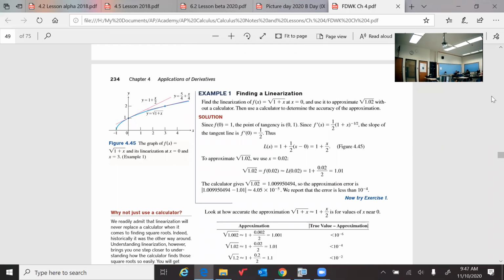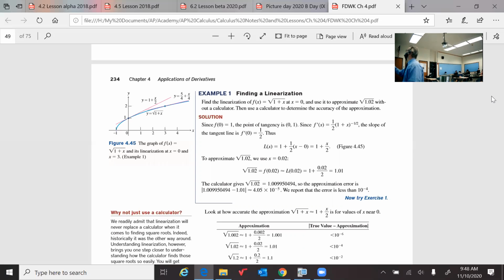So here's the picture. So the curve is the square root of 1 plus x. What is that? That's y equals root x, moved 1 to the left, because x is replaced by 1 plus x. Yes, I'm saying conceptually about the translation.